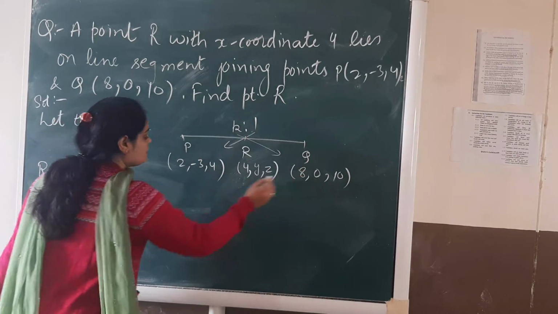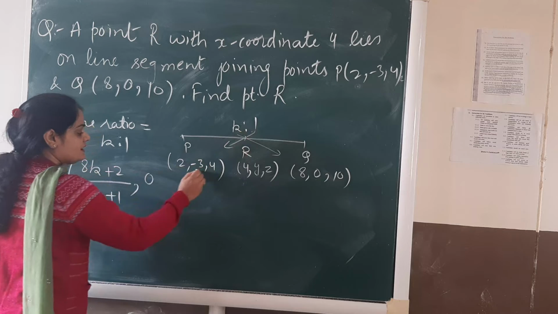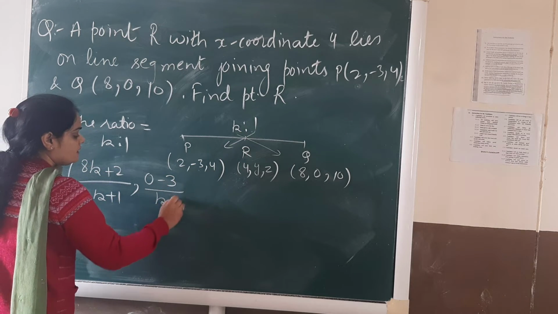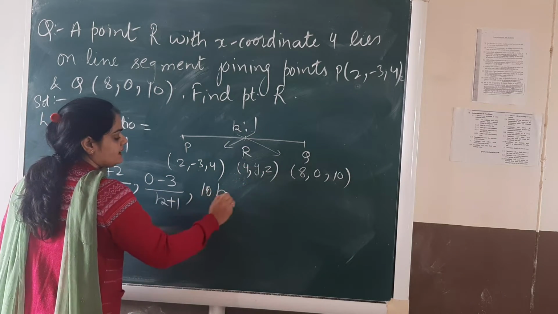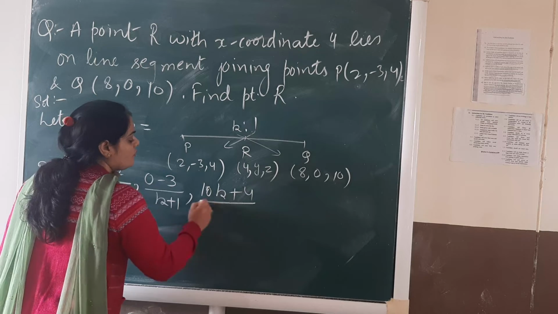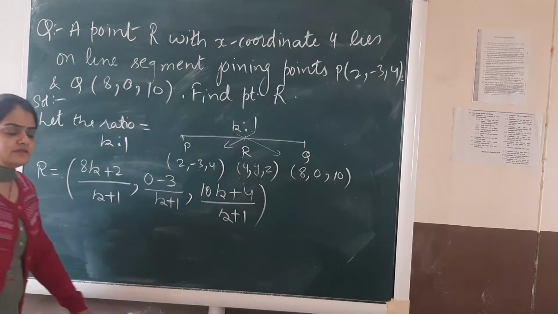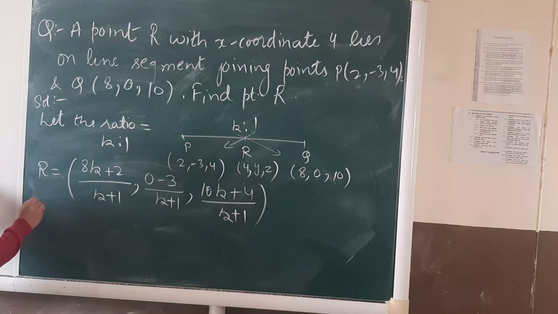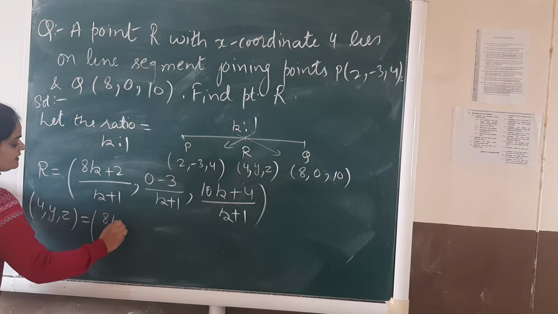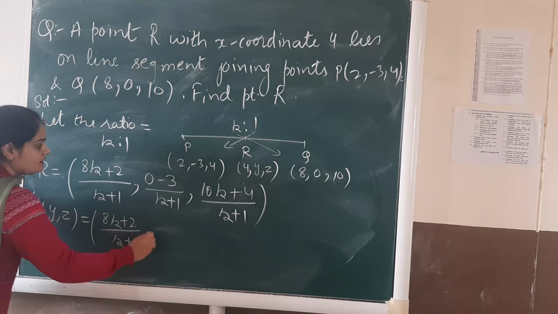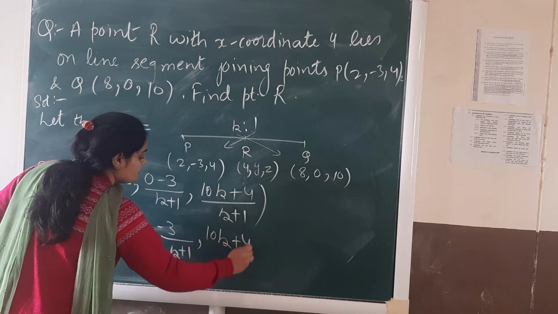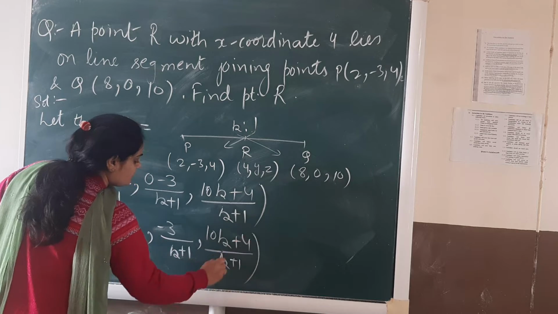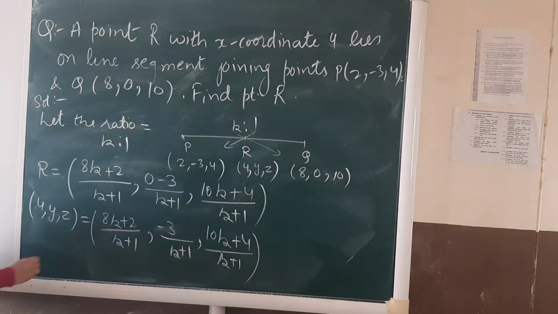Then k into 0, 0 into k is 0. 1 into minus 3, which is minus 3 upon k plus 1. Then k into 10, which is 10k, and 1 into 4, which is 4 upon k plus 1. Now this point R is 4 comma y comma z. And here it is 8k plus 2 upon k plus 1, minus 3 upon k plus 1, and 10k plus 4 upon k plus 1. Now we can compare.